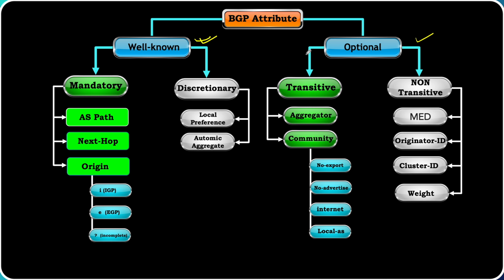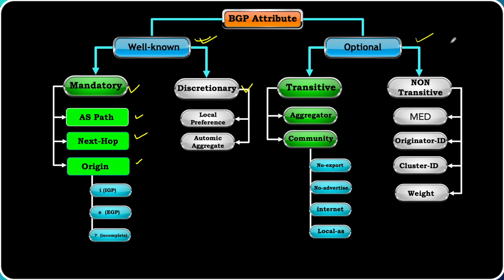Whenever we configure a peer, it could be any vendor's device, and in that case it will be well-known. Under well-known, there are two categories: mandatory and discretionary. Mandatory means this attribute must be there. Discretionary means it depends on the decision whether it will be there or not. Something like that.